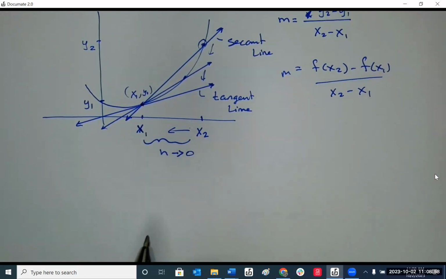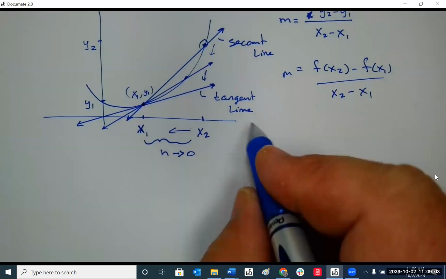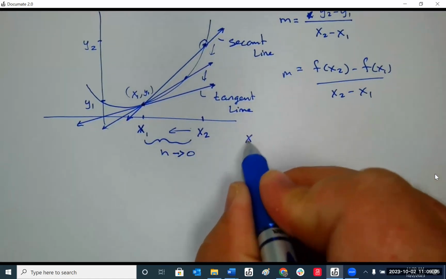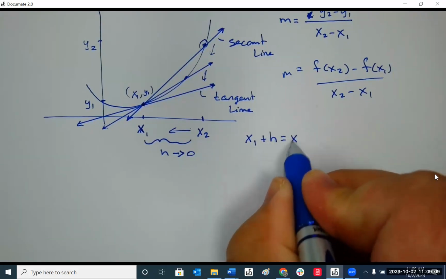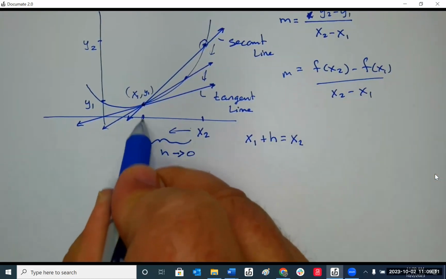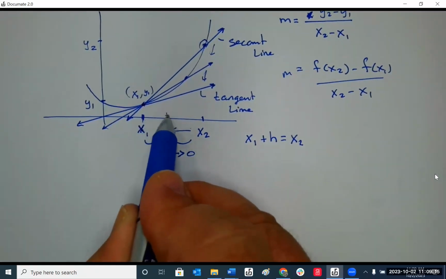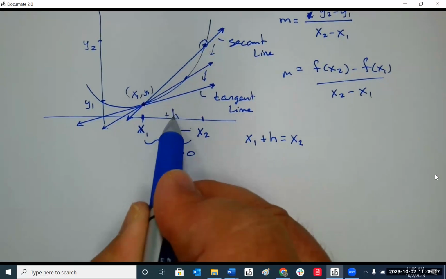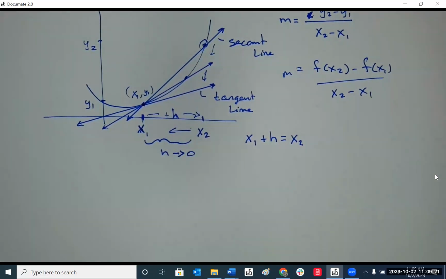So we have to figure out how to get rid of x2. Well, what we know so far is that x1 plus h equals x2. So if we start at x1 and we add h to it, then we'll end at x2.